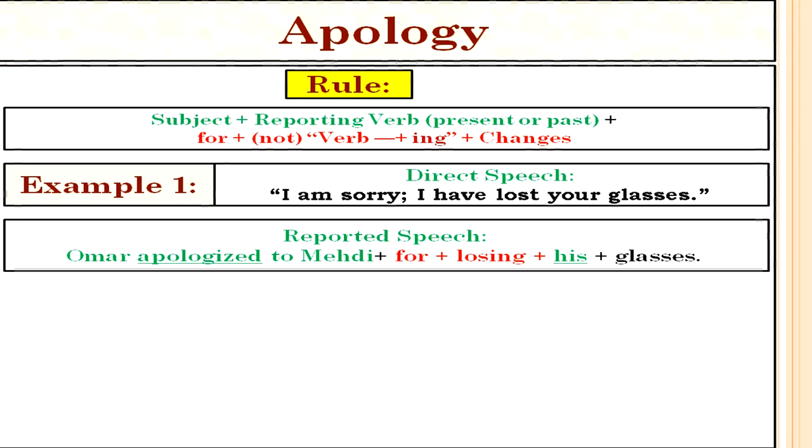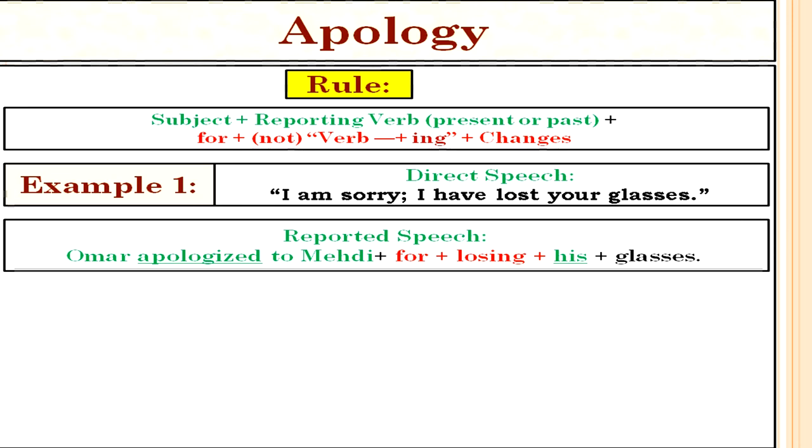Look at the sentence, I am sorry I have lost your glasses. The first part, I am sorry, we don't use it at all. Why? Because it means apologize. Okay? So we cannot repeat and say, I am sorry again in the sentence in reported speech. That's why we have used Omar apologized to Mehdi.